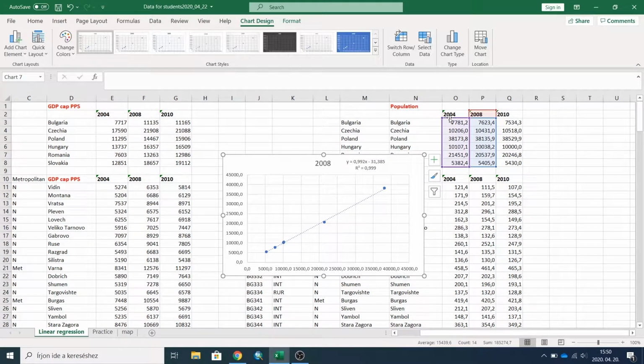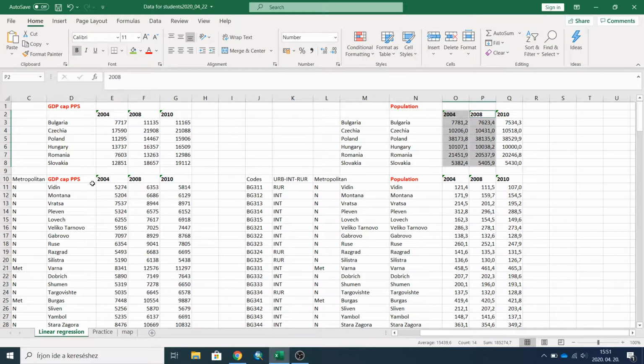So in an urbanized area, we can see higher GDP or higher income. So the regression trend is a statistical method to analyze the connection and determination factor of independent variables to dependent variables.